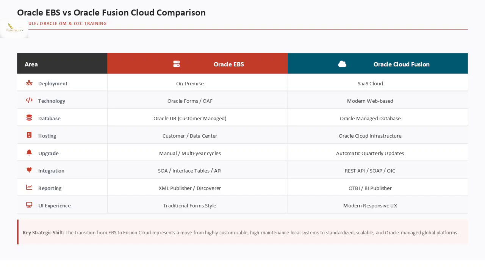This is why many organizations are transitioning from Oracle EBS to Oracle Fusion Cloud. However, Oracle EBS knowledge remains extremely valuable because thousands of companies still operate EBS environments globally.